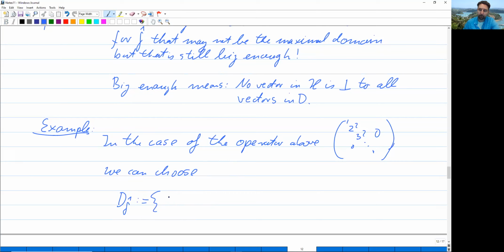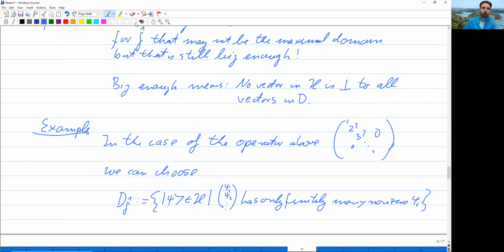the set of psi in the Hilbert space, all those vectors in the Hilbert space for which it is true that psi 1, psi 2, and so on, has only finitely many non-zero psi i.